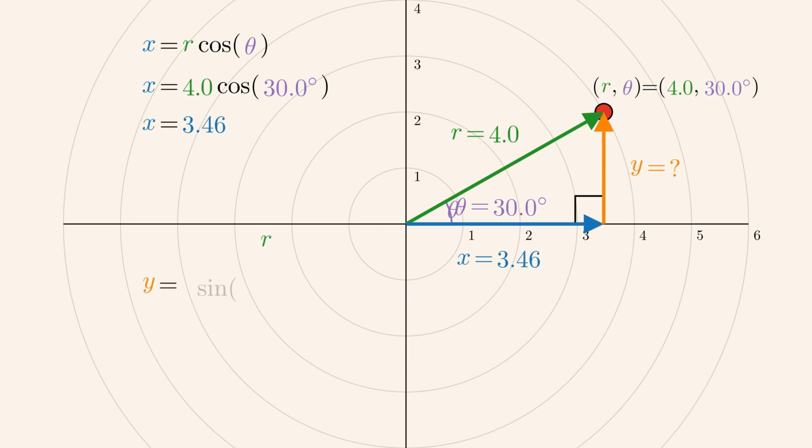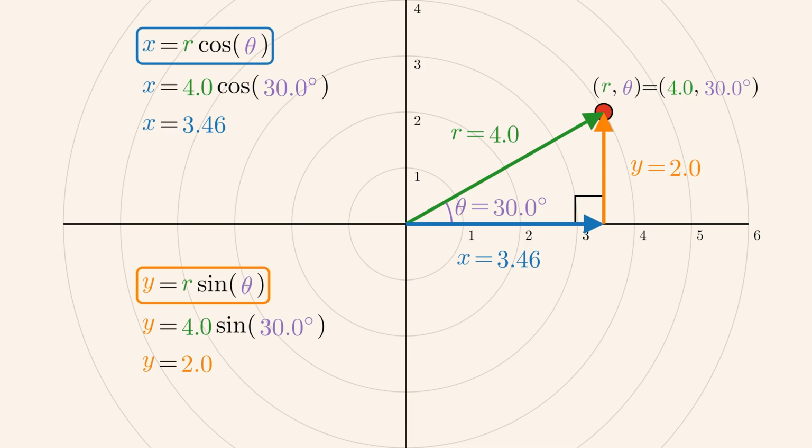And then we repeat the process to compute y. These two formulas are universally applicable when converting from polar to Cartesian coordinates.